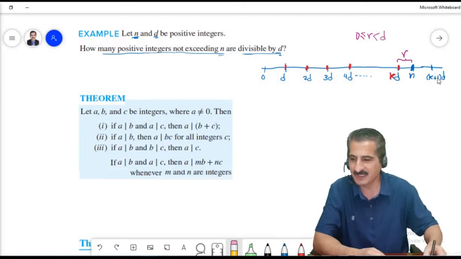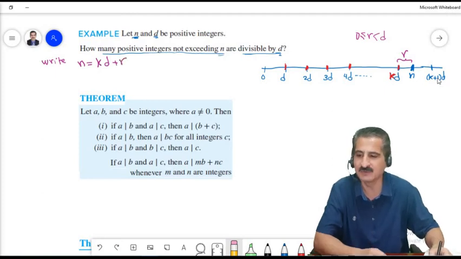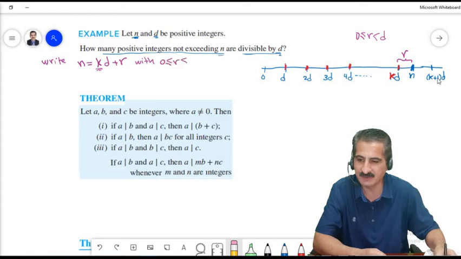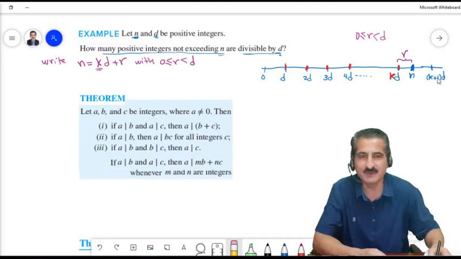So what we have done here, write n, so divide n by d, and then the result will be k, plus the remainder. And again, the remainder is greater than or equal to 0, but it is less than and not equal to d. So the number we are looking for is k. Can we obtain it here?